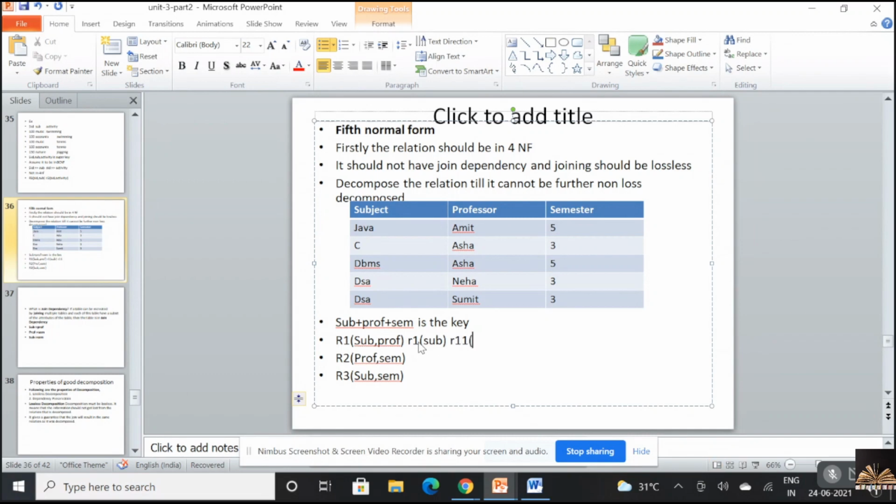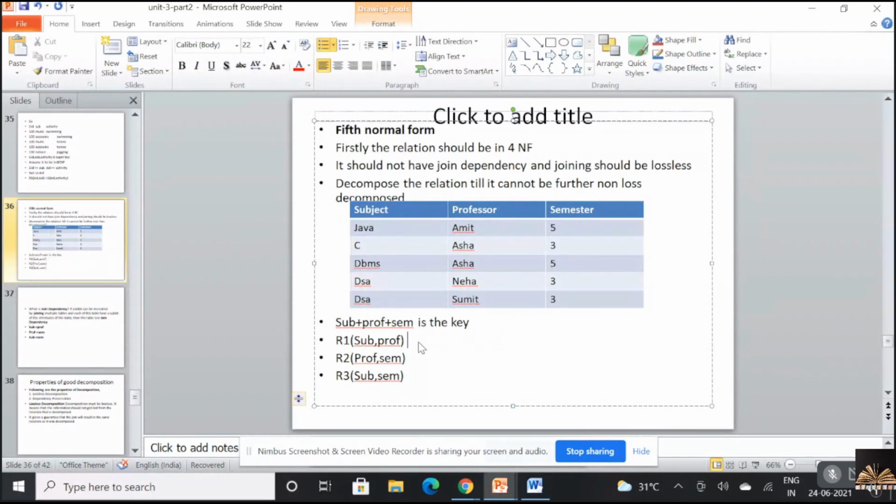I've taken small r's over here, ma'am. Don't get confused. So can I break R1 into two pieces? No, because I won't be able to join that. So this is the last step where I can break the relation.